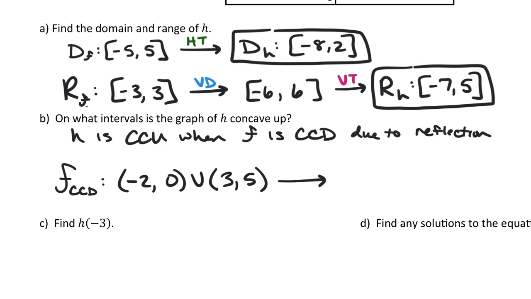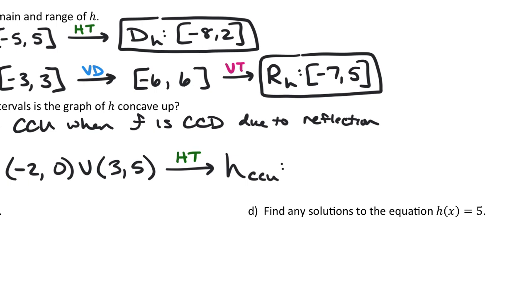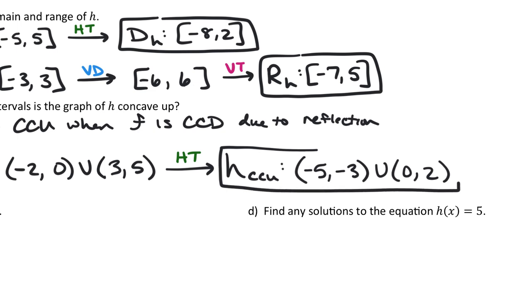So not only do we have to rewrite this as H being concave up, we do have to horizontally translate this because these are all X values. So the horizontal translation of -3 is going to apply to all of these numbers, which means this would end up being -5 to -3 or 0 to 2. Those are the places where H would be concave up.